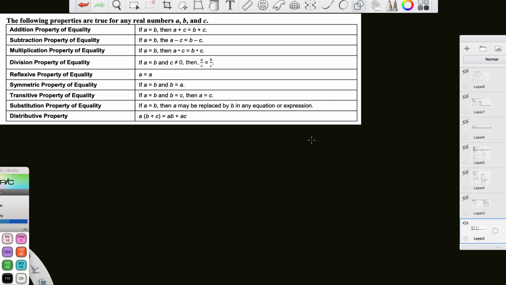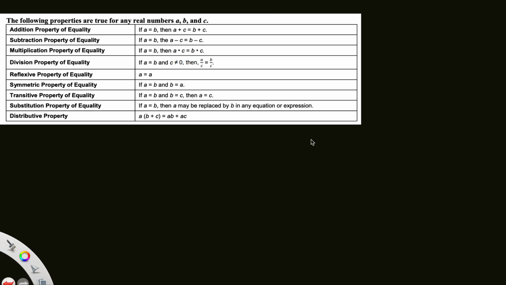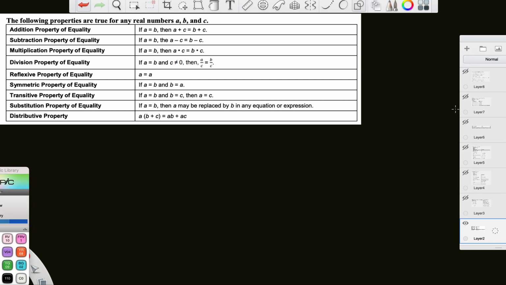You have learned these properties before. You just may or may not have remembered their names. So let's go ahead and look at each property of equality. The addition property of equality says if A equals B, then A plus C equals B plus C. Well, you've done that before, right?